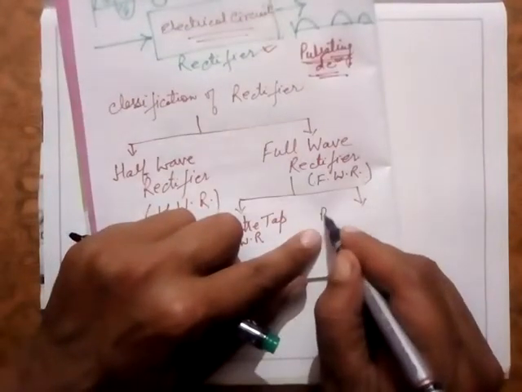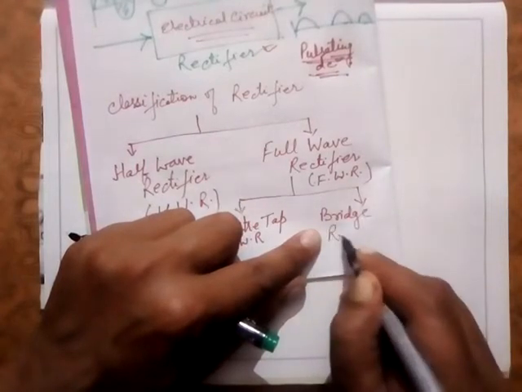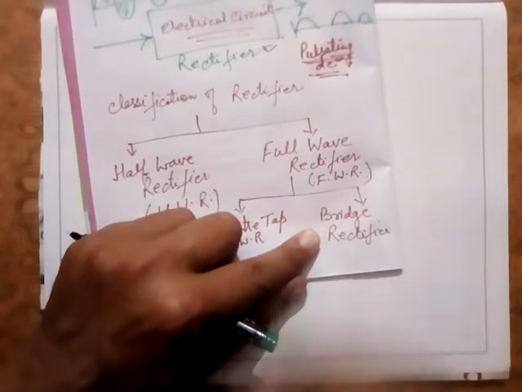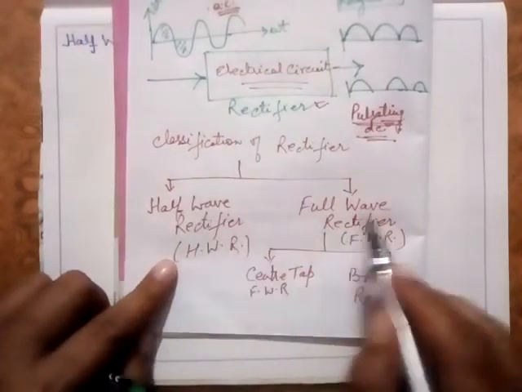And the last one that we'll discuss is called a bridge rectifier. So overall, this is the classification of rectifiers: half wave rectifier and full wave rectifier.